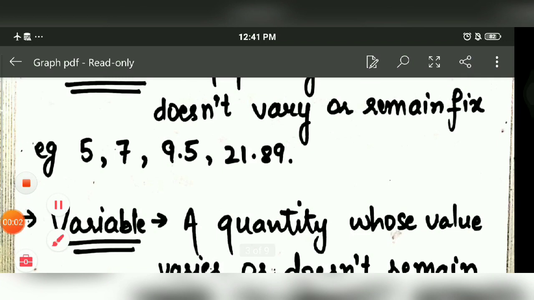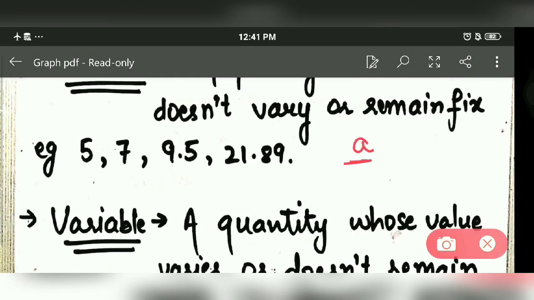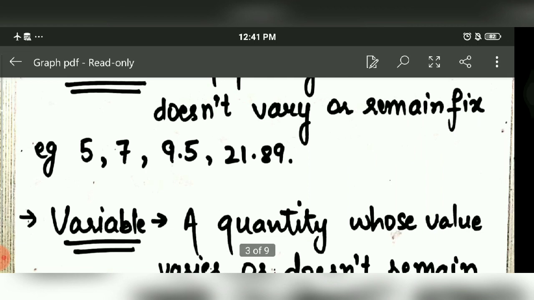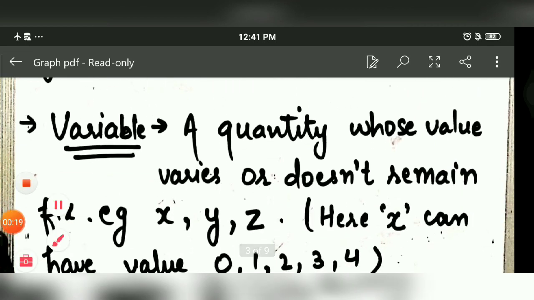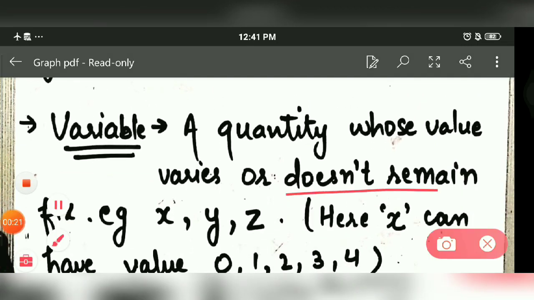Suppose in an equation it is given to you that a is a constant. A is a constant means there is a fixed value of a, which is say 3, 4, 5, whatever is given. So a constant always has a fixed value, but a variable, on the contrary, doesn't have a fixed value.